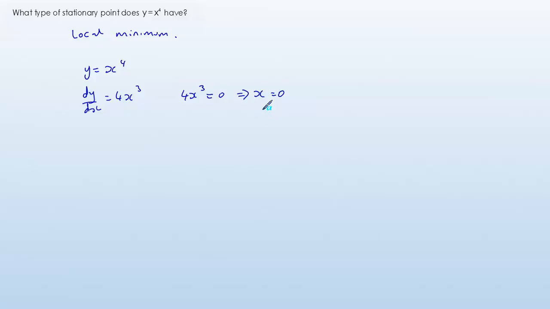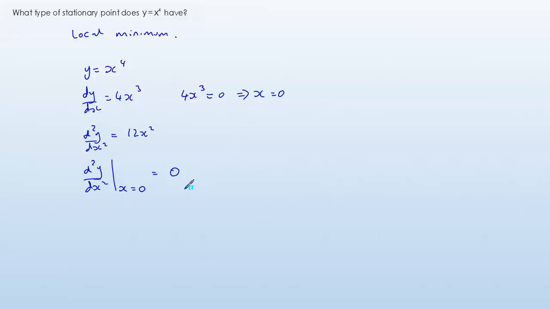So it's at the point where x is 0 and y is 0, so it will be at the origin. And d2y dx squared is 12x squared. But d2y dx squared, evaluated when x is 0, is 0.